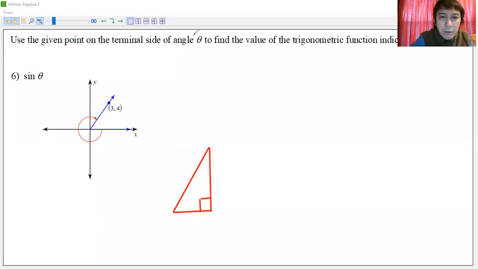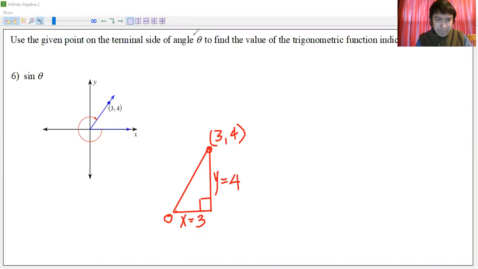This must be our y, and this will be our x. This will be the 3, and this will be the 4. This is the point 3, 4, and this is actually the origin. I'm just trying to draw the reference triangle.